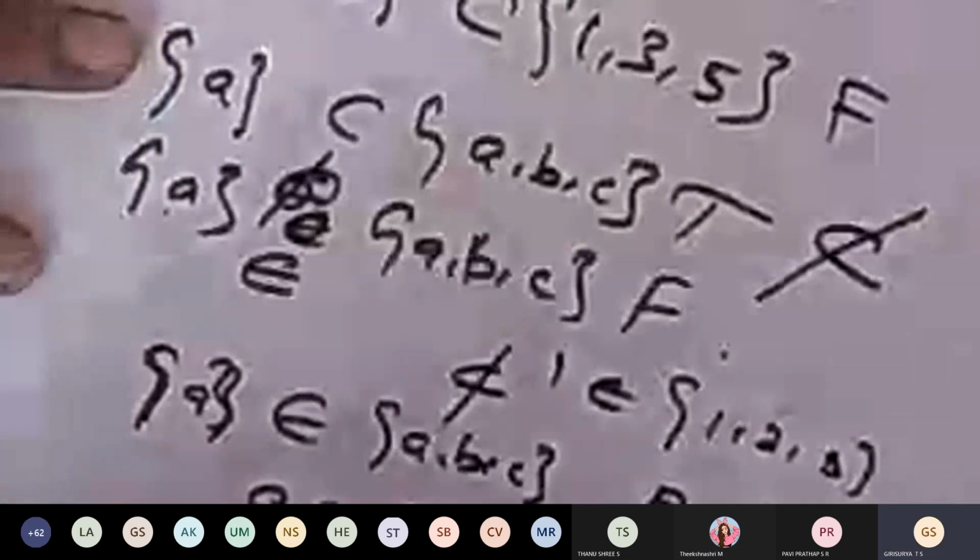Clear? Okay, so anyway it is false. What have they given? a belongs to {a, b, c}. Actually a is an element, not a set, right? Inside here, is a a set or an element? Is b a set or an element? Element. So a, b and c are all elements. We should not talk about subsets here. This set has three elements.